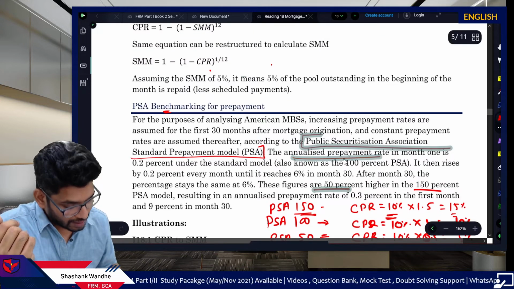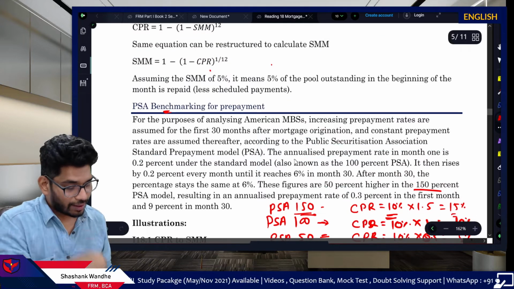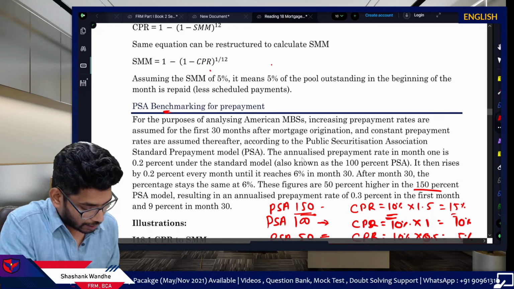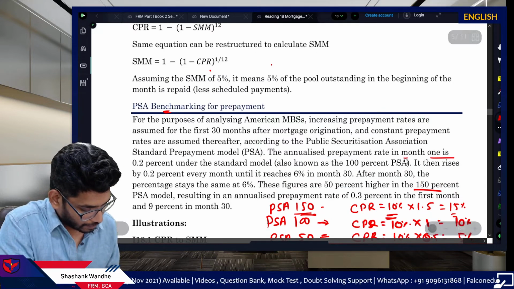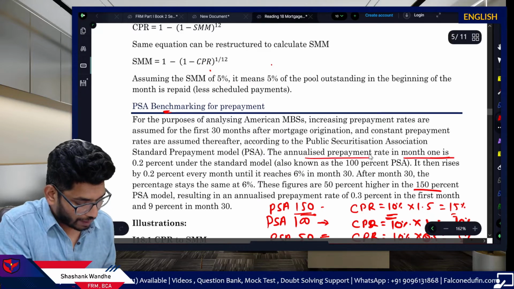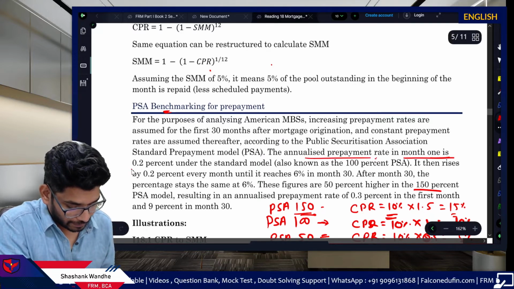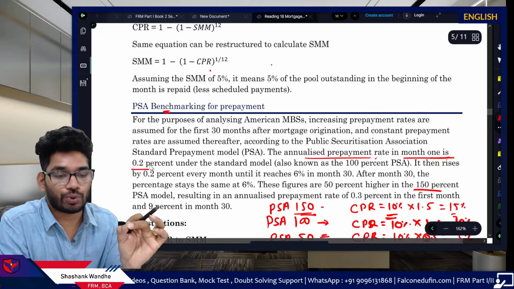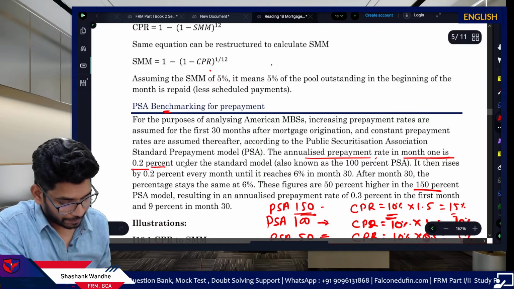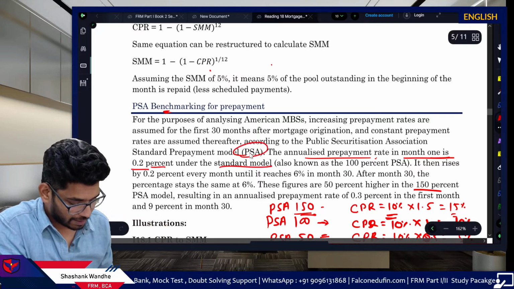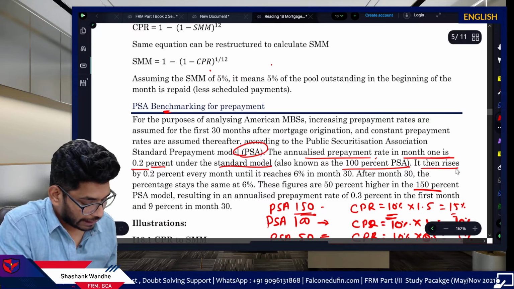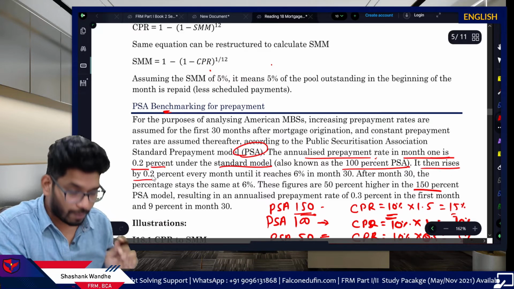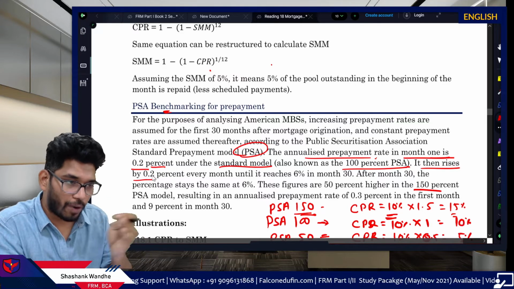Now there is a general assumption in this PSA. The annualized prepayment rate starts from 0.2%. Under the standard model, that is the PSA model, at 100% PSA, it then rises by 0.2% in every month.